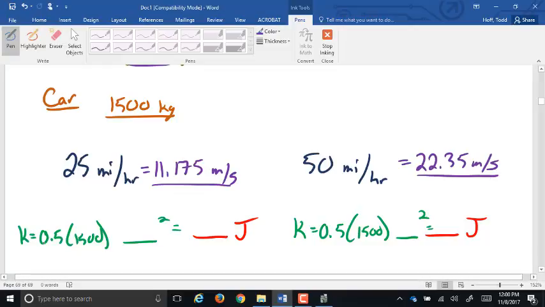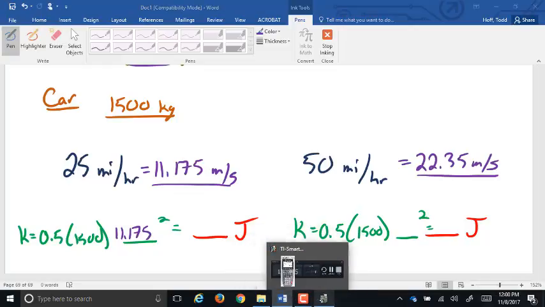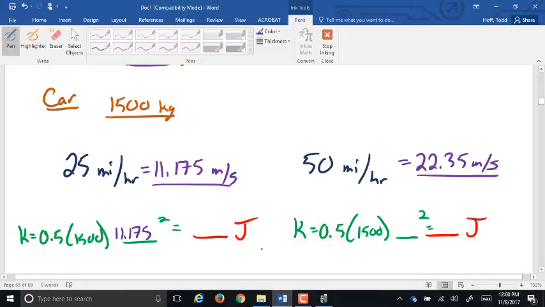So for our kinetic energy, for the first car doing 25 miles an hour, it's 0.5 times 1,500 times 11.175 squared. What'd you get for that one? Okay.